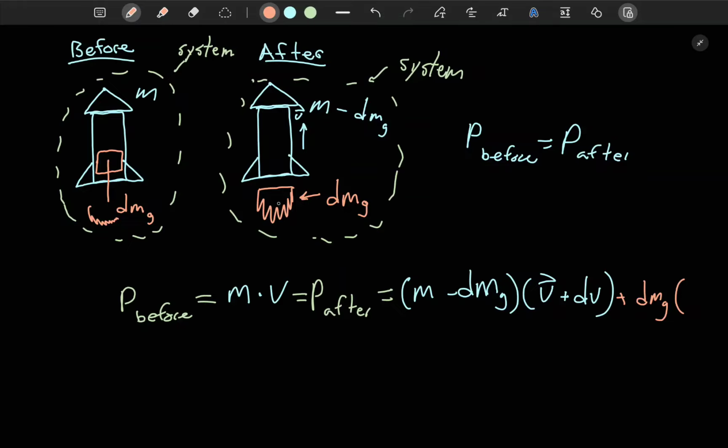Let's say it's expelled backwards at u meters per second. Since the rocket is traveling upwards at v, the velocity in our reference frame here on Earth is going to be v minus u. So that's what I'm going to put here, v minus u.